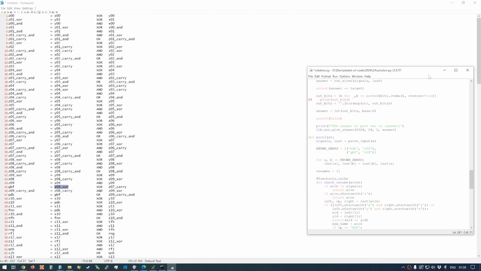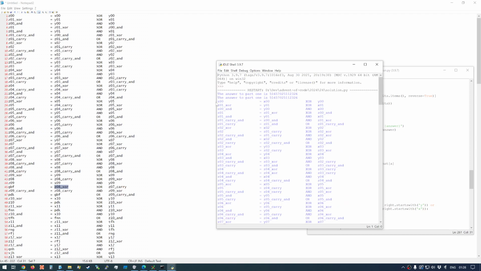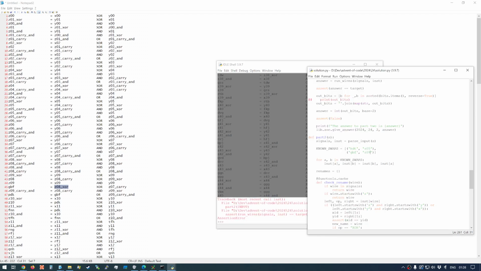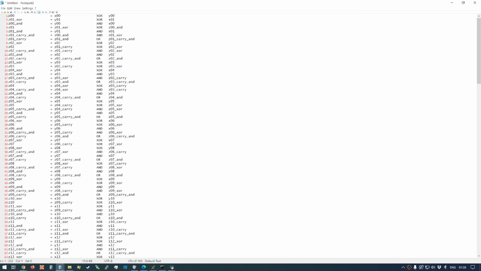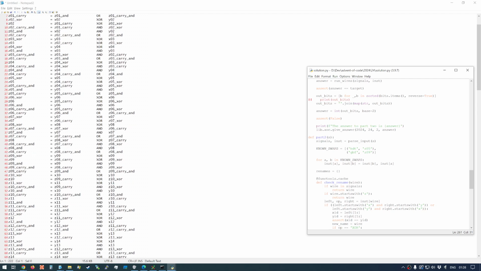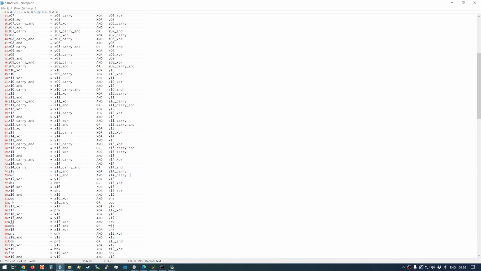I did that wrong. This is carry and, correct?